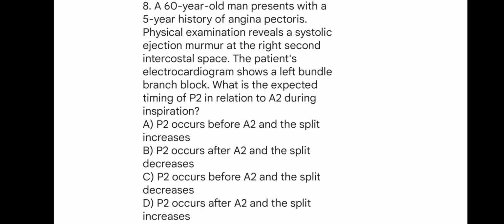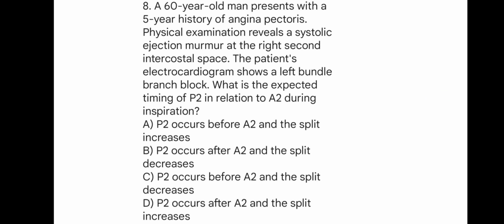In the aortic area, you will auscultate for systolic murmurs, for example, aortic stenosis, flow murmurs, for example, physiologic murmur, and aortic valve sclerosis. In tricuspid area, you can auscultate for holosystolic murmur, like tricuspid regurgitation and VSD, ventricular septal defect, and diastolic murmurs like tricuspid stenosis.